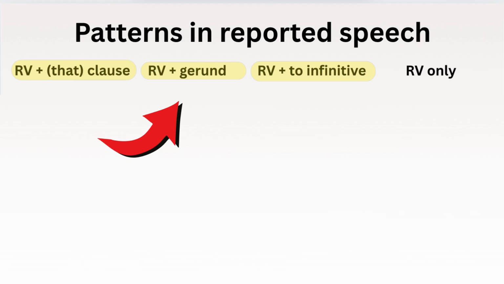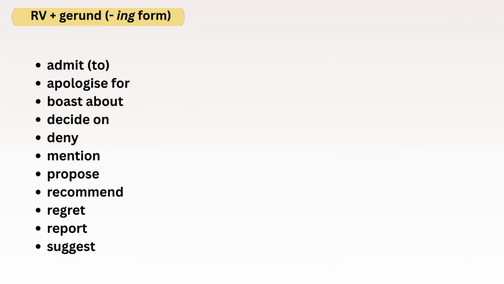As you remember, this was the second pattern in my first introductory slide, so you can see that reporting verb plus gerund is one possibility that we can use as well. So here is a list of those verbs after which we can use and we shall use a gerund form, which is ing form.